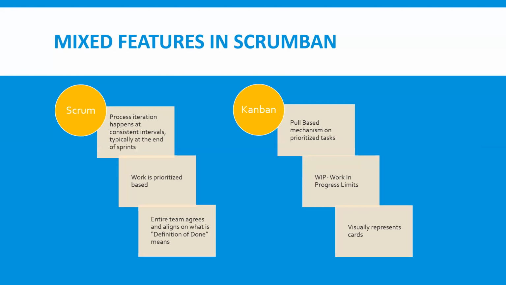Then in Scrum, on the left side, we can see work is prioritized. Means your product owner or business team or leaders have prioritized it, or the request has come from your customers, and based on the priorities given for those stories, you have to work on them. But in Kanban, there is work in progress with limits.